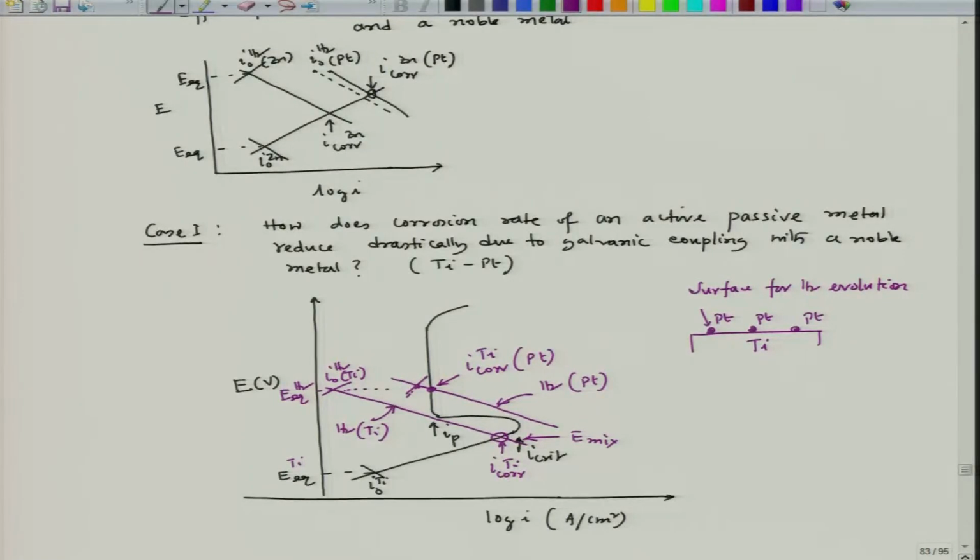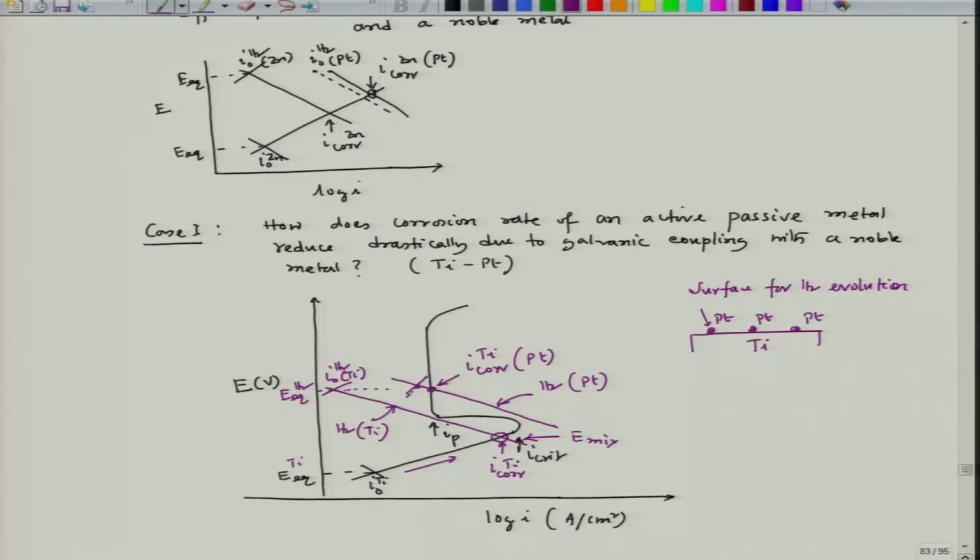And of course, when we have these platinum enriched zones on the surface, initially the titanium has to go through this track, going to the maximum I critical region, and then finally it falls to this, because this is my mixed potential.